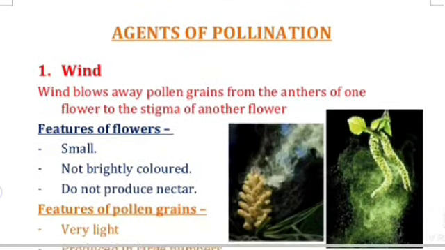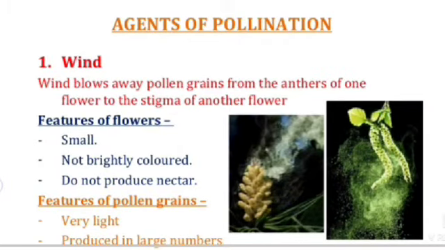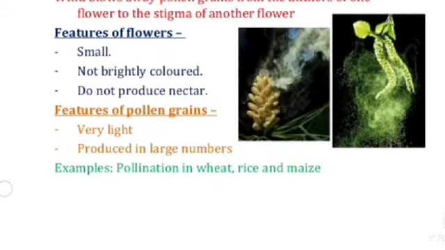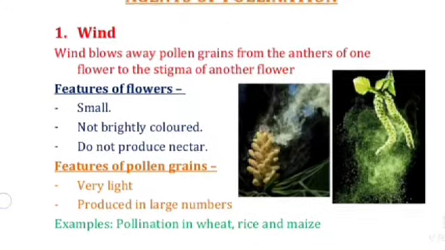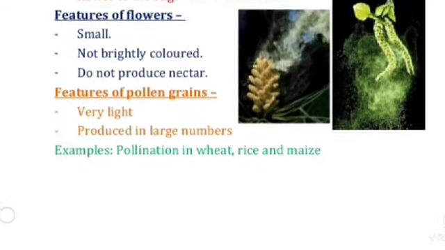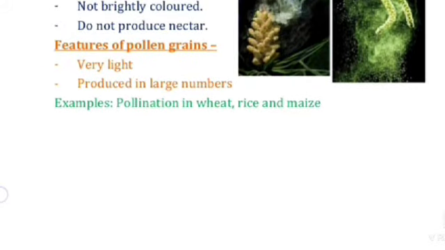Agents of pollination. Wind: wind blows pollen grains from the anthers of one flower to the stigma of another flower. Features of flowers: small, not brightly colored, do not produce nectar. Features of pollen grains: very light, produced in large numbers.